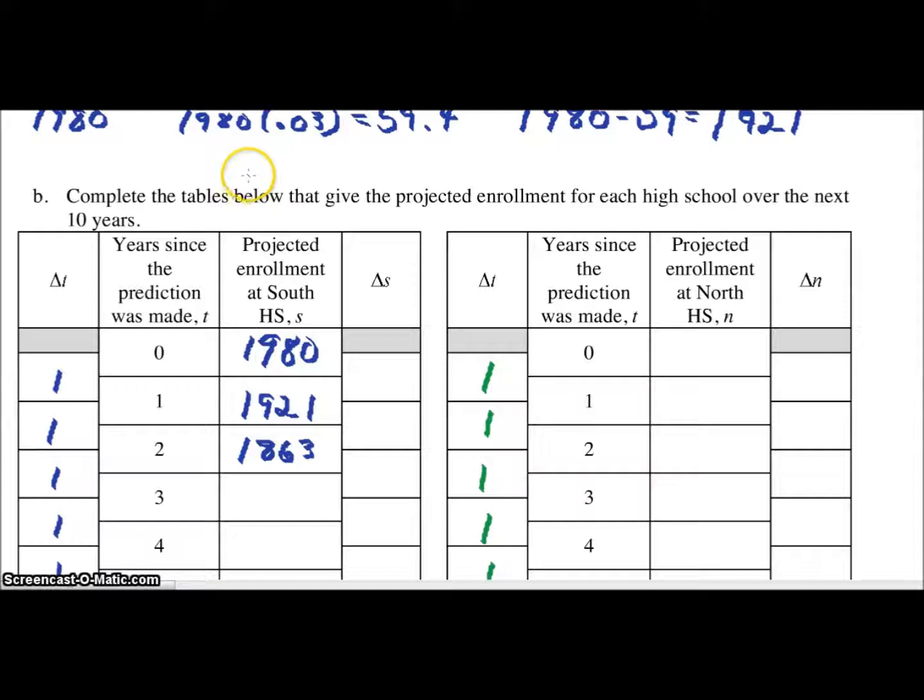Another way you could do it is to take the current value S, and notice what we really did here was 1980 minus 0.03 times 1980.